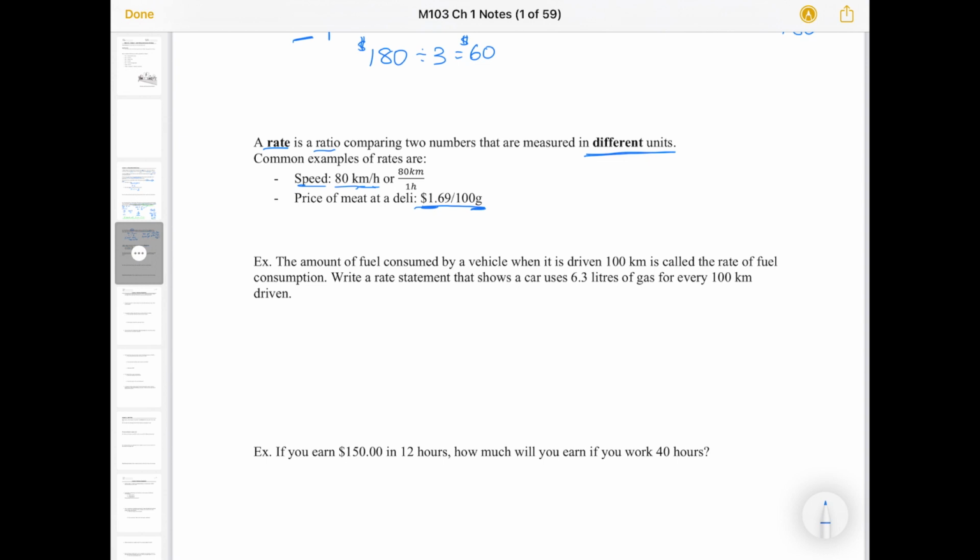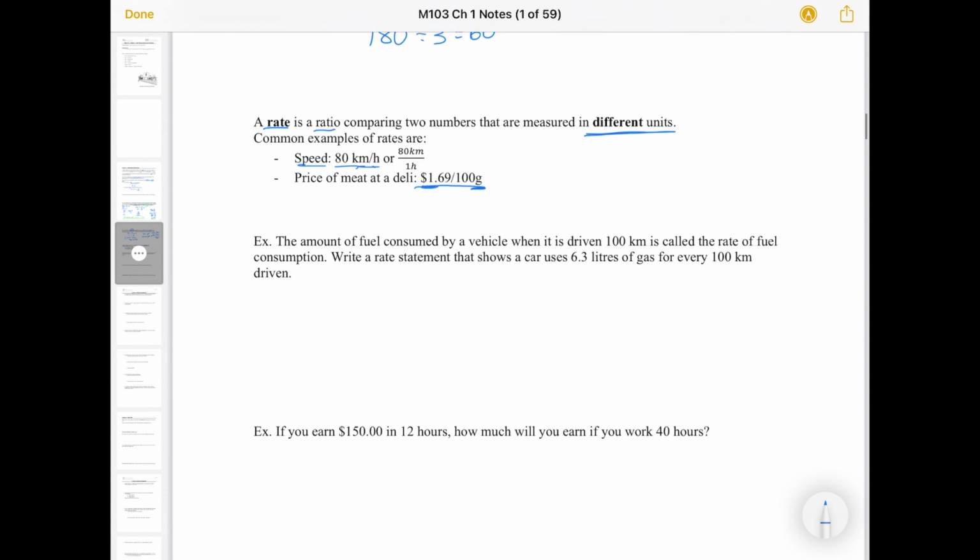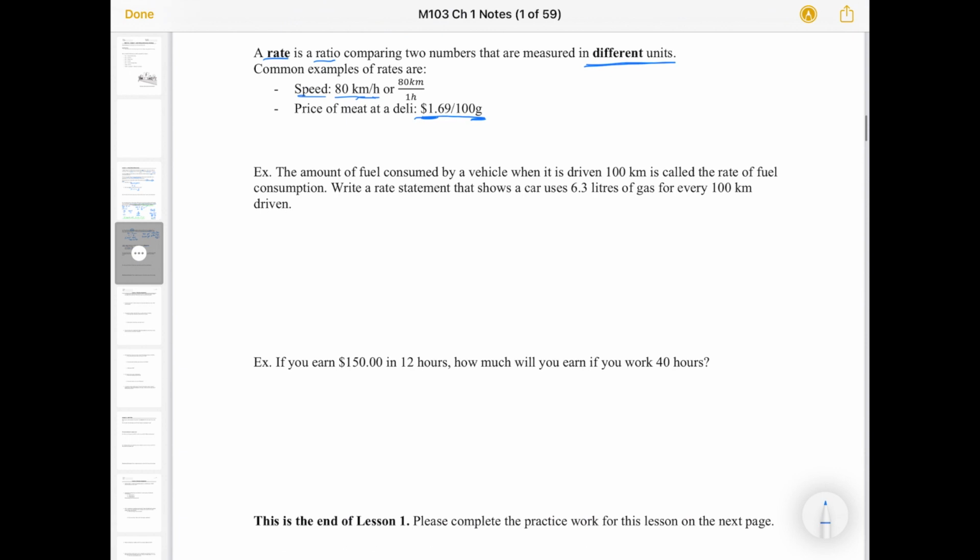Okay, so let's look at this example. The amount of fuel consumed by a vehicle when it is driven 100 kilometers is called the rate of fuel consumption. So write a rate statement that shows a car uses 6.3 liters of gas for every 100 kilometers driven. Okay, so this is just writing the statement.